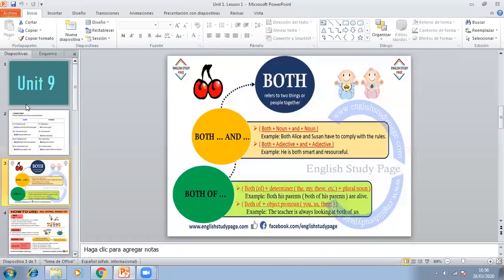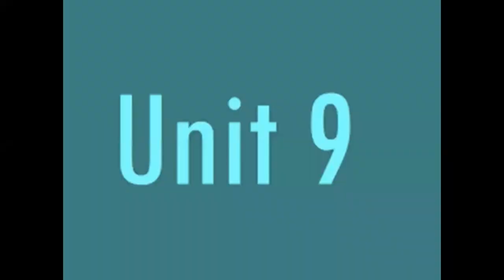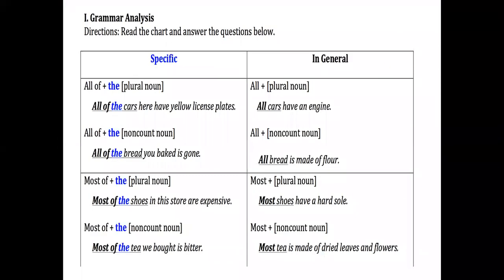First, we have the use of all. When we use all, and when we use all of? So what's the difference between them? All of is when we are referring to specific things, with plural nouns and also uncountable nouns.